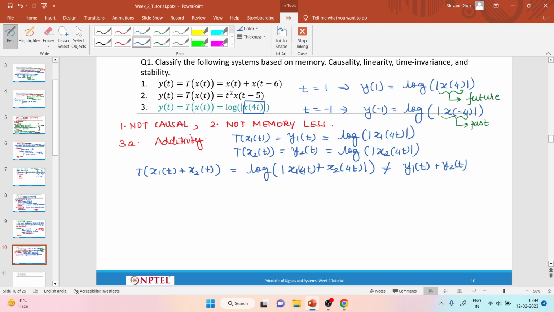This won't lead to the expression log of mod x1 of 4t plus log of mod x2 of 4t. So y1 of t plus y2 of t is not possible in this case, which means that it is not additive. At this instant itself we can say that it is not linear, but still let us look at homogeneity.